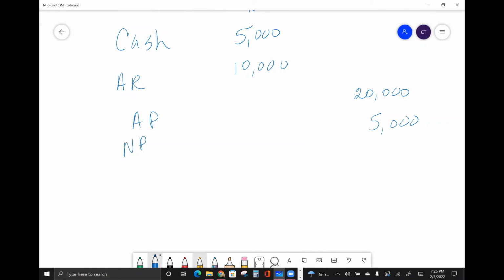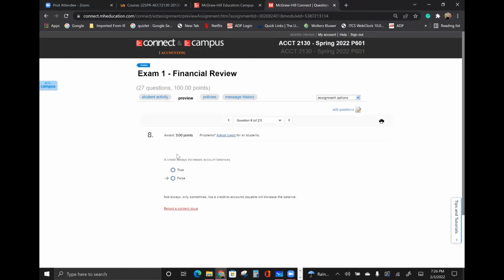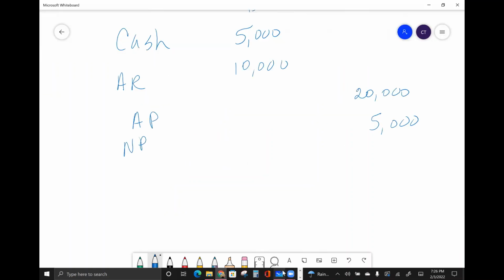So it says a credit always increases account balances. Okay, so when you're looking at the balances in these accounts, you have two asset accounts and two liability accounts. If I purchase something and it's going to be something I have to pay in the future, I'm going to do a credit to accounts payable because I'm going to have to pay that in the future, which means this increases with a credit because I just bought something. So when I buy it, it goes in as a credit, it's going to increase.